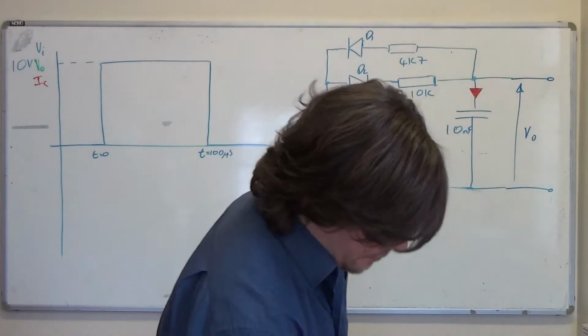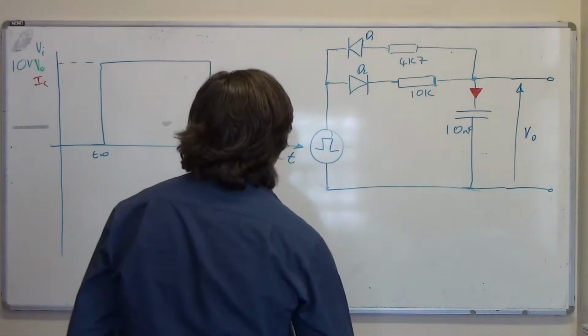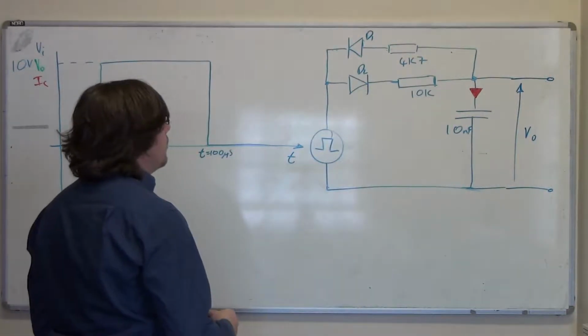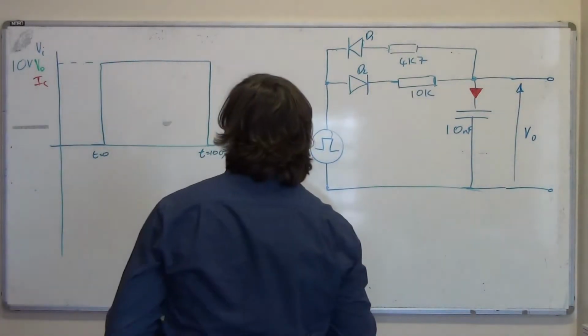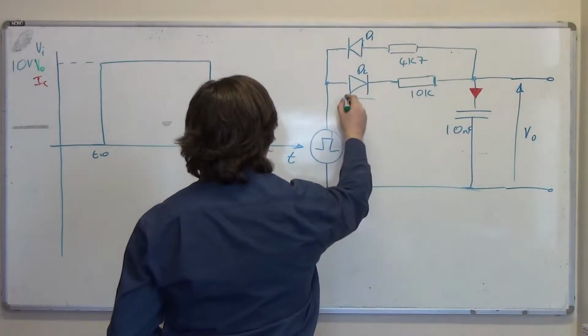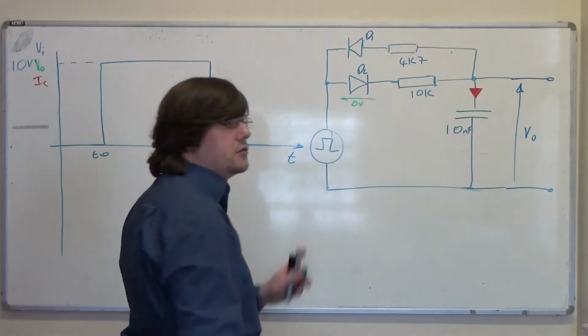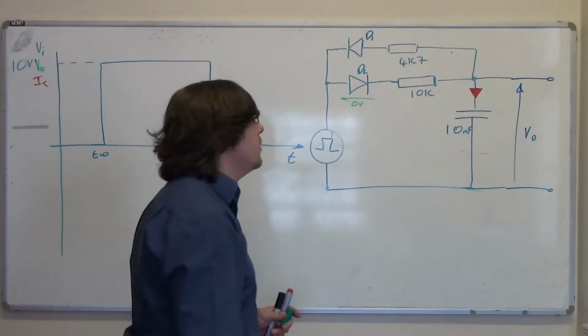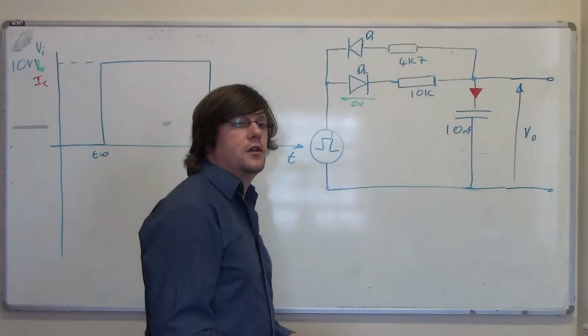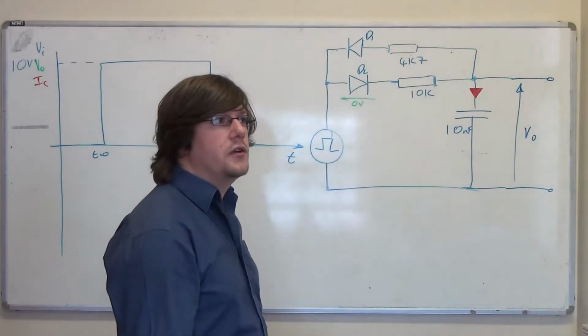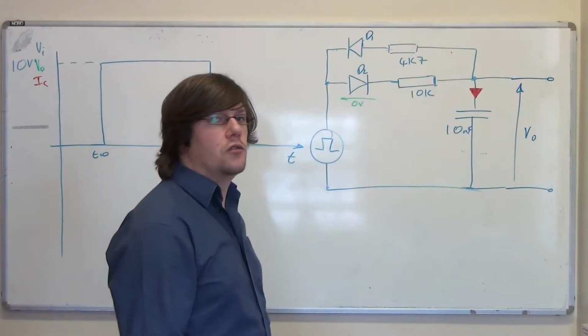Alrighty, so what's going to happen? Well, when the pulse comes through, it will turn the diode on. The diode will have 0 volts across it because the diodes in this question are perfect. That's to say there is no 0.7. Anything more than 0 volts they turn on, and they turn on with 0 volts across them.